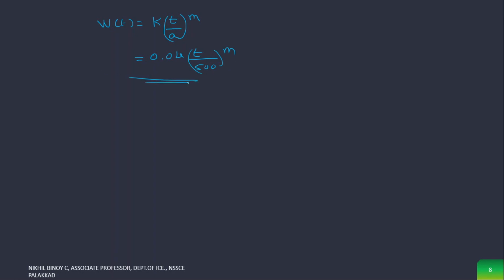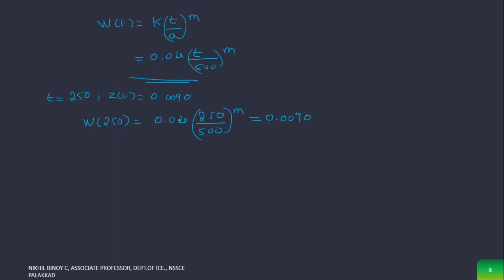Now I am going to find the value of m. For that purpose I use the value at t equal to 250. The value of W of t at t equal to 250 is 0.0090. So W of 250 is equal to 0.04 into (250 divided by 500) raised to m, which must be 0.0090.